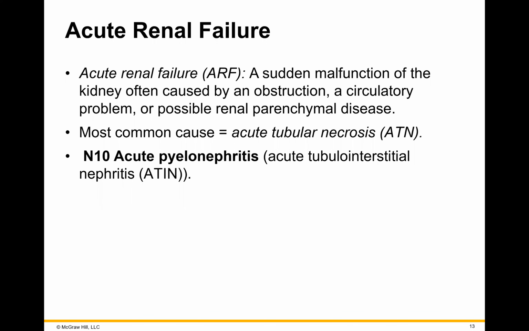Acute renal failure is an acute kidney injury which is caused by some sort of malfunction of the kidney. This could be an obstruction, say BPH or a stone or something else, right? Then we may also have N10, the acute pyelonephritis.